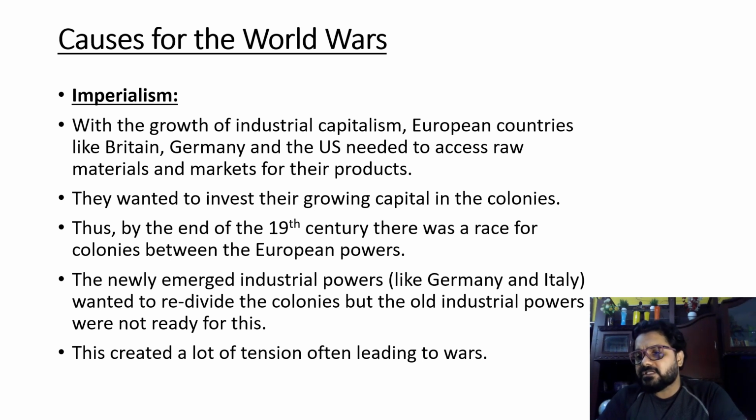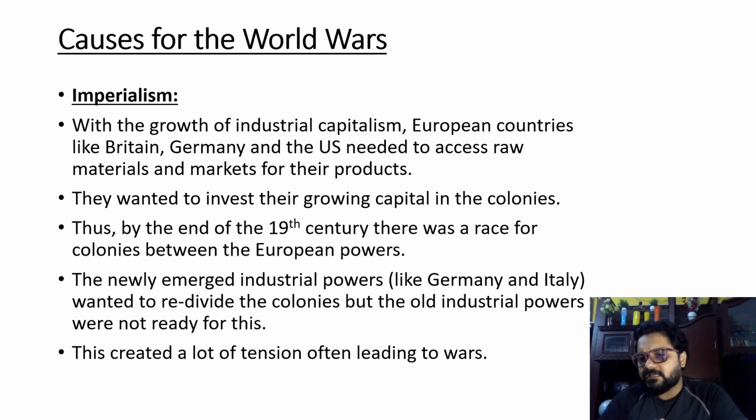So the developed nations started investing their capital in the less developed nations, and transformed these nations into their colonies. So by the end of the 19th century, there was a competition between the newly emerged industrial nations and the old powers.